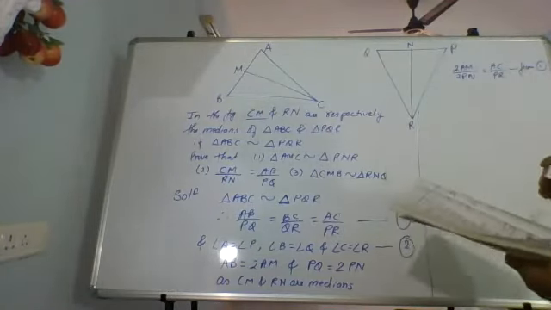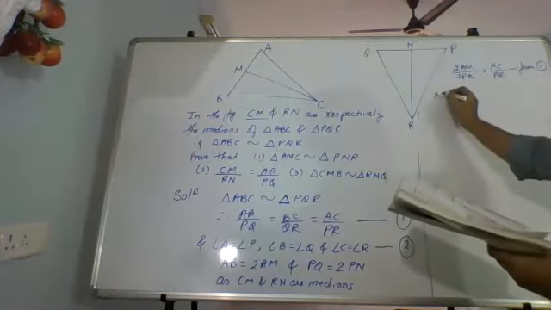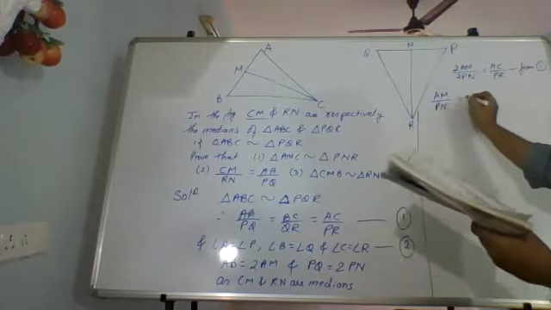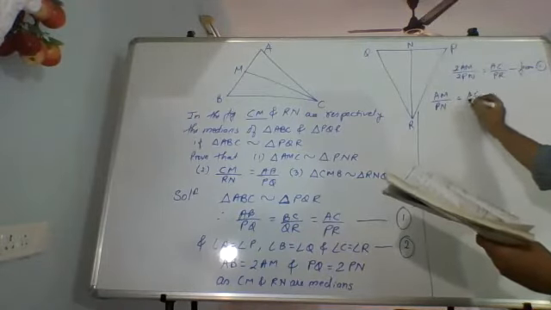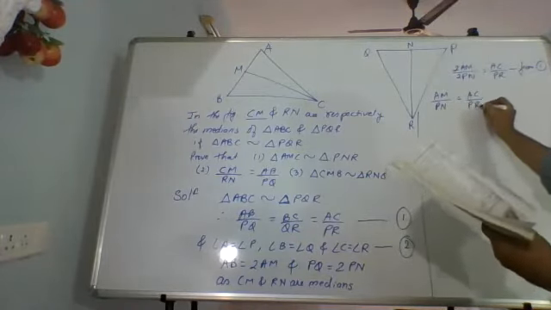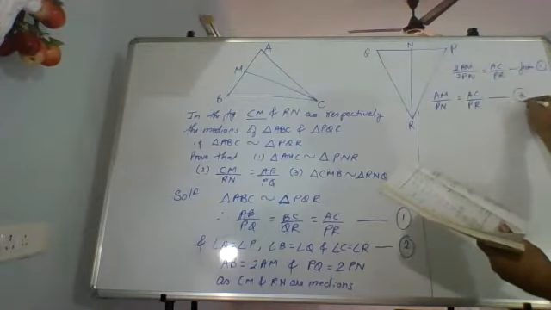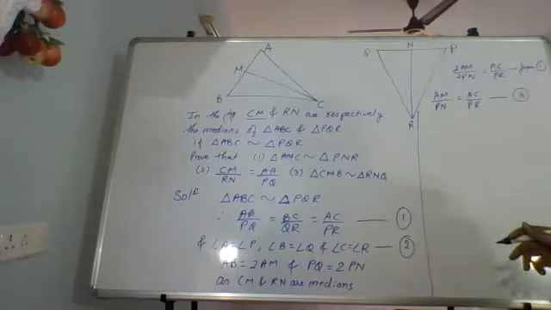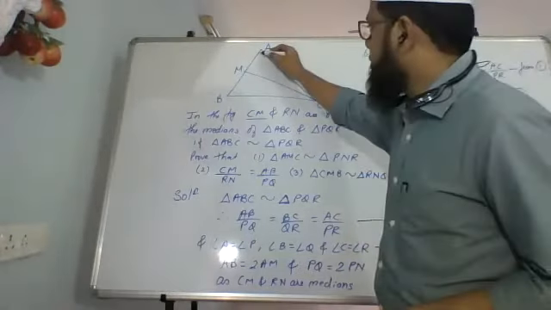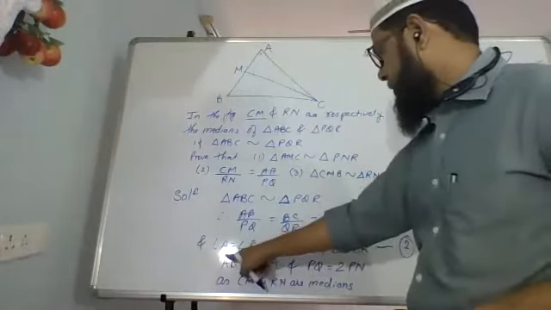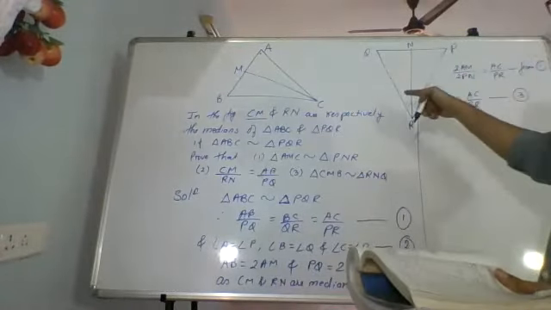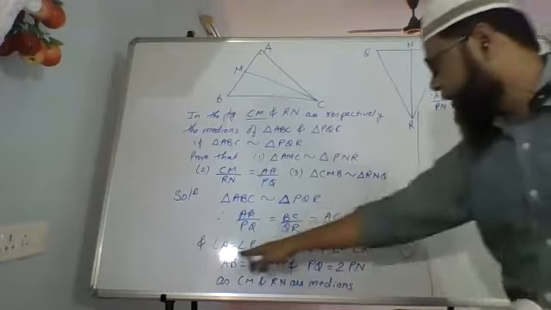Okay. So we have AM upon PN equals AC upon PR. Call this equation number 3. Now angle MAC, that is angle A, is equal to angle NPR because that is given to us.